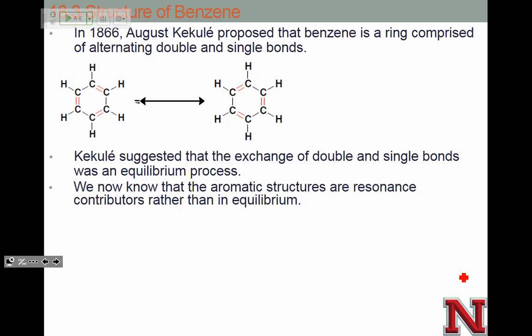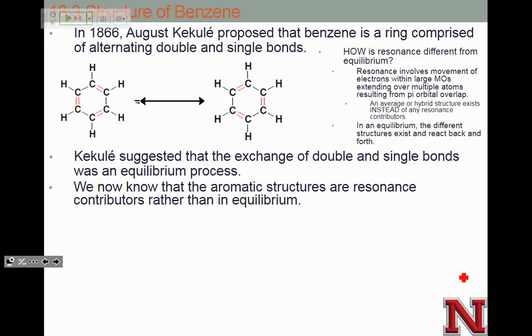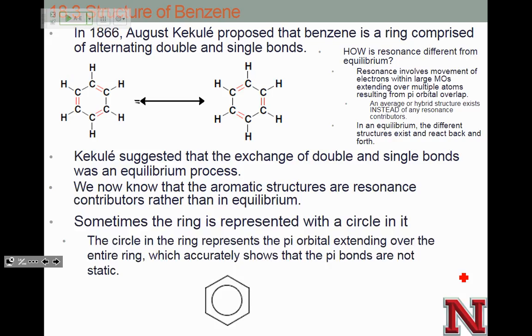It's just that our average structure has all 6 pi electrons of the benzene ring shared between all of the p orbitals of the ring. So remember, it is different. We don't have an interconverting structure. So when you're drawing benzene, there's a couple of ways you could draw it.